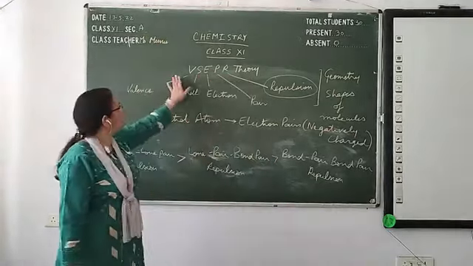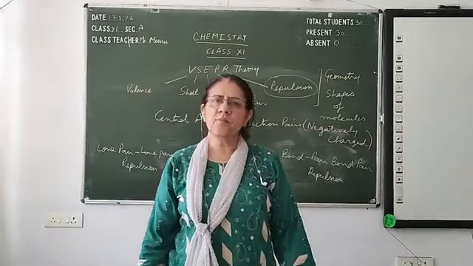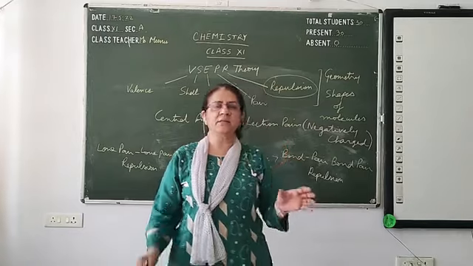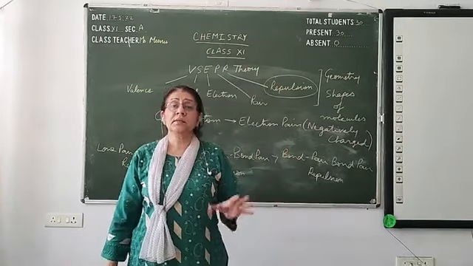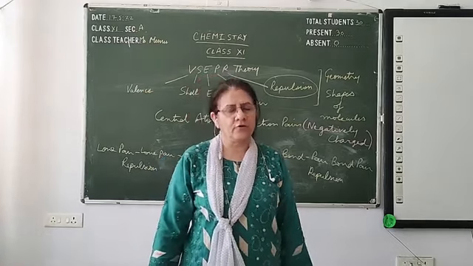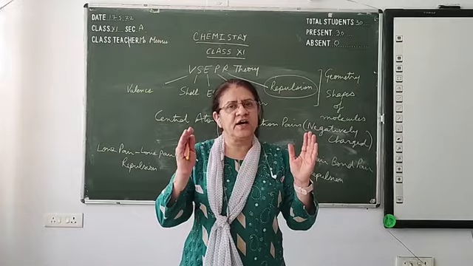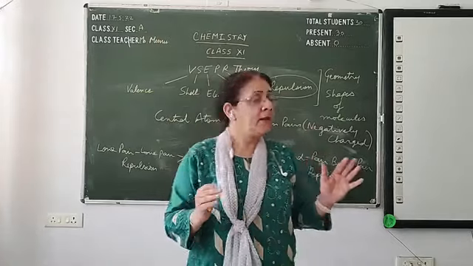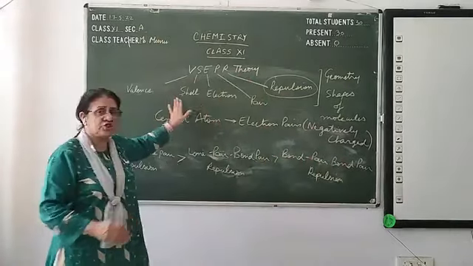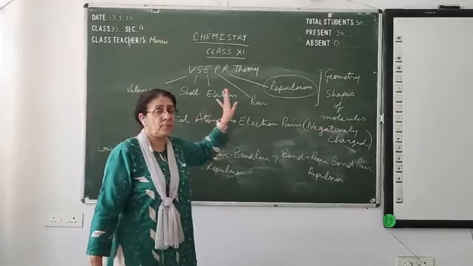Okay. So let us just summarize what we have learned till now. We are learning the valence shell electron pair repulsion theory. In the molecules, we identify the central atom. The central atom is surrounded by electron pairs. The electron pairs of the central atom are in the valence shell, hence the name valence shell electron pair.